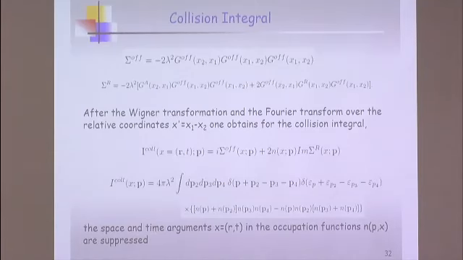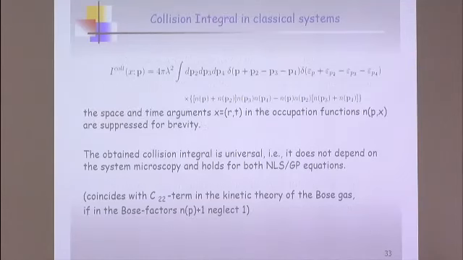And comparing, for example, with Bose particles, not with Gross-Pitaevskii, but with Bose particles, one can see that if one neglects in the occupation number the Bose statistics and uses the classical one, then it corresponds to the 2 into 2 collision term in the kinetic theory of Bose gases. So that is what you have.